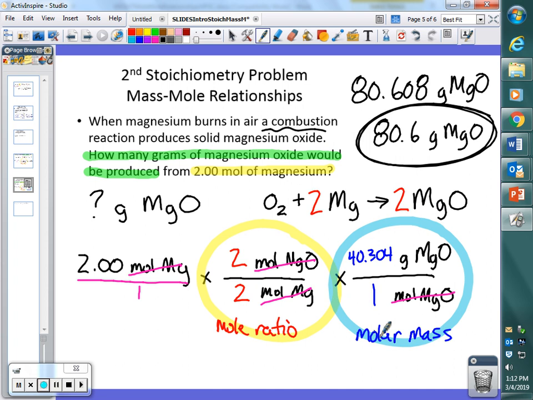But then, if we want to find out an actual mass value, we've figured out how many moles of magnesium oxide we would need or produce, but we have to use the molar mass to turn that into a value that we can put on the balance or something like that, right? We can't really weigh a mole of something. It's just an amount. It's a counting thing. But this turns it into an actual weighing thing.